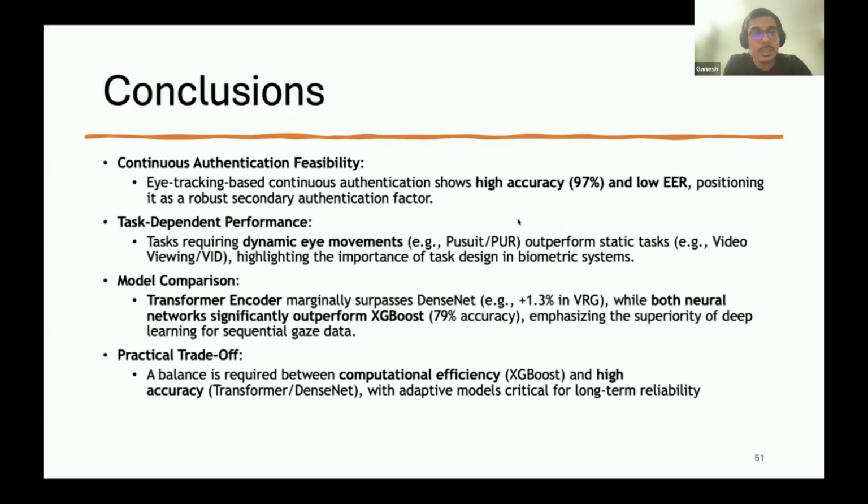And then in conclusion, task dependent performance: video recording and text reading perform less well compared to more dynamic eye movements such as smooth pursuit. And there is a practical trade-off between computational efficiency and high accuracy.